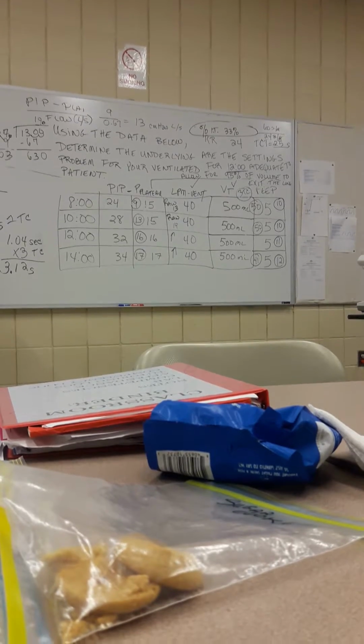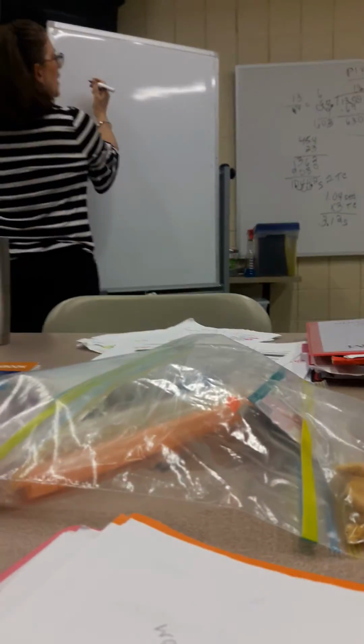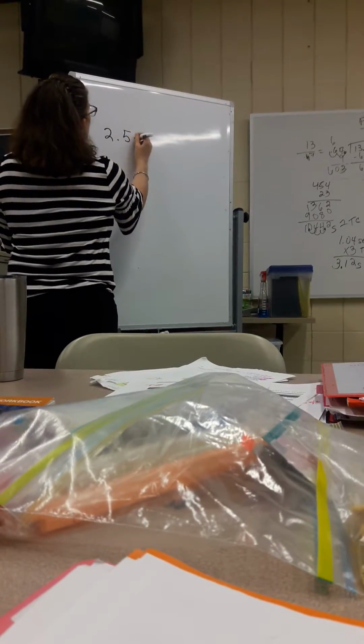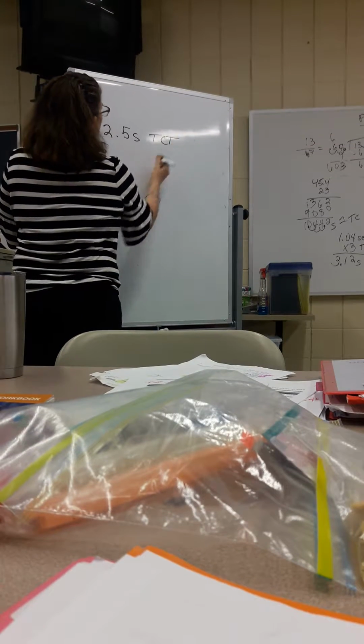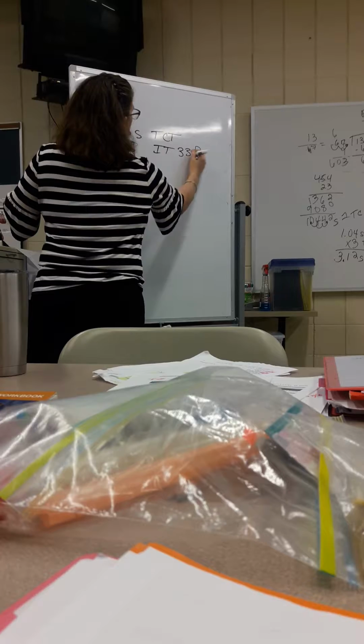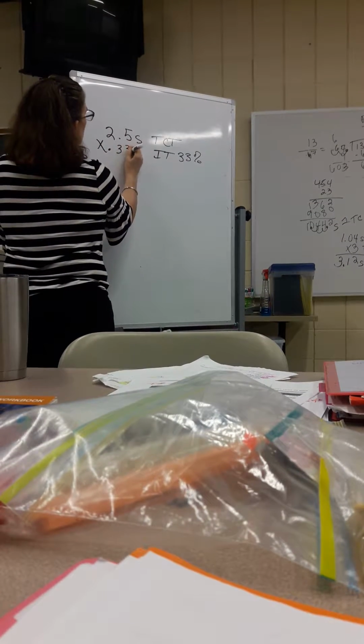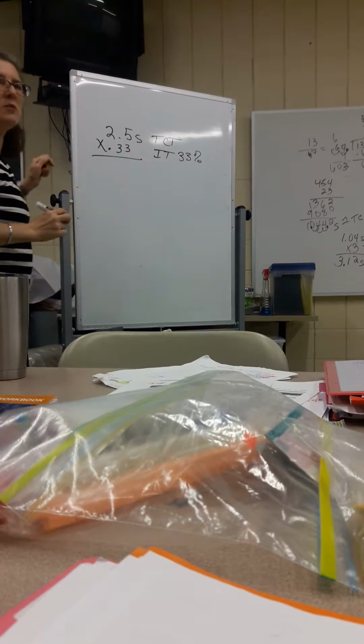That's all the information I had, and I wasn't given a specific I time. So I have a 2.5 second total cycle time. My I time is 33%. So I'm going to multiply this by 0.33. So go ahead and multiply that out.